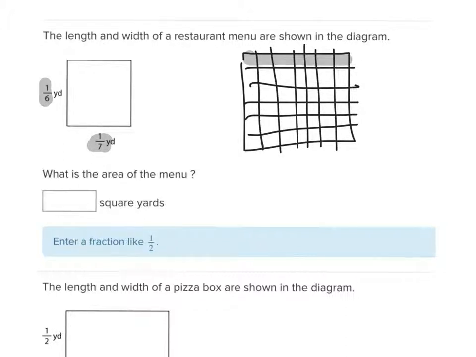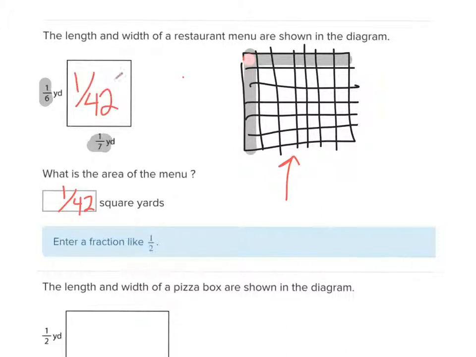I think that's 7. And I'm going to shade in 1 of those. And you can see that they overlap right there. So they only overlap with 1 box. So the answer is going to be 1 out of, how many total squares are there? 7 times 6, 42. 1 out of 42. So that's the answer. That's the area of this rectangle.